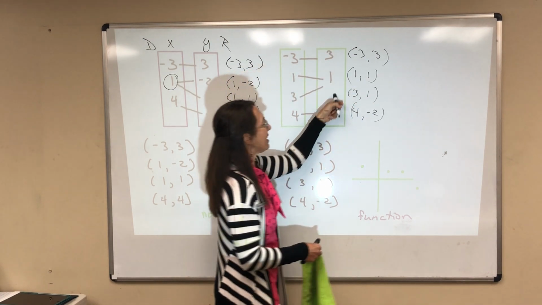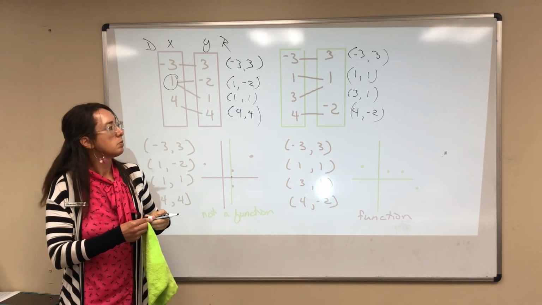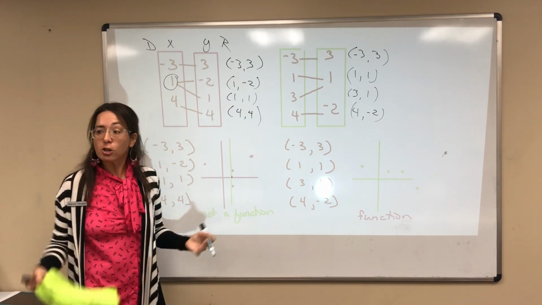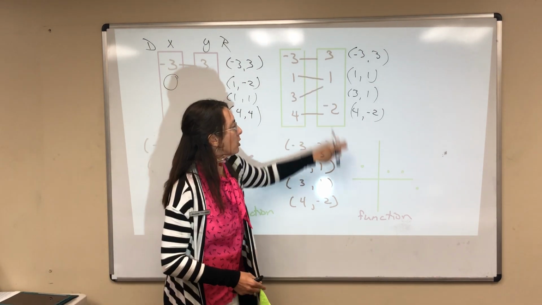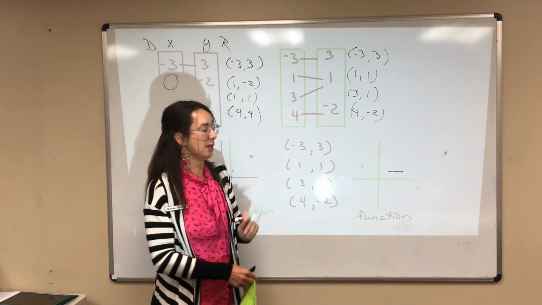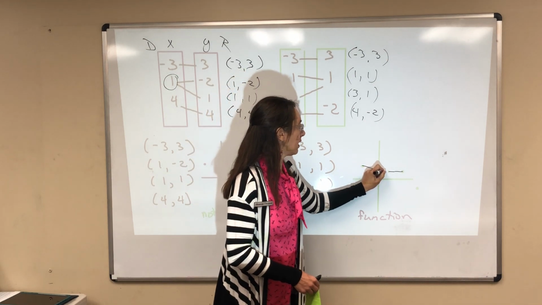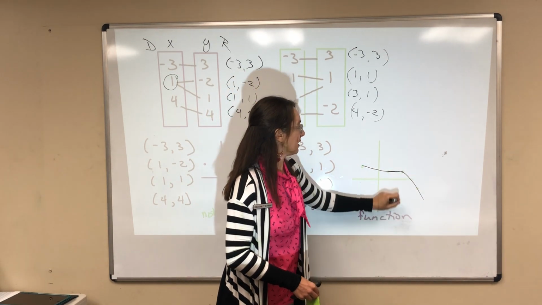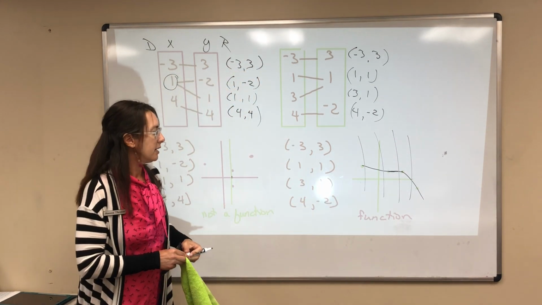Am I repeating any x values? No. As long as we don't repeat any x values, it's a function. If I were to graph this, it just happens to be a straight line here, since they have the same y value. But I could graph this like that and still make all my vertical lines. It's a function.